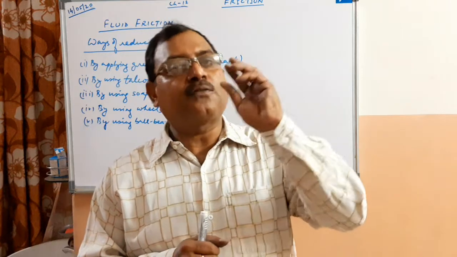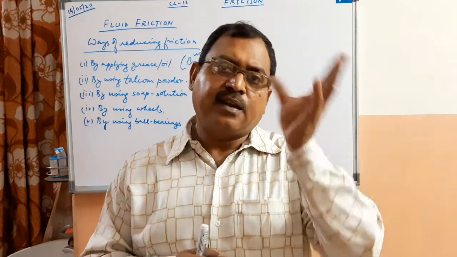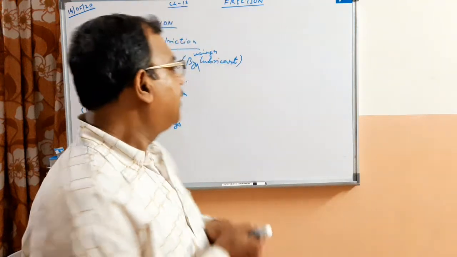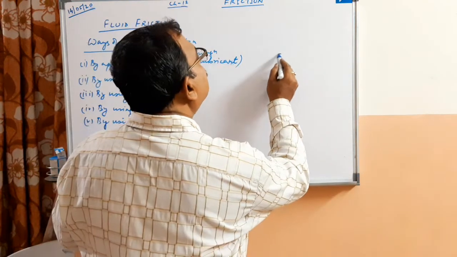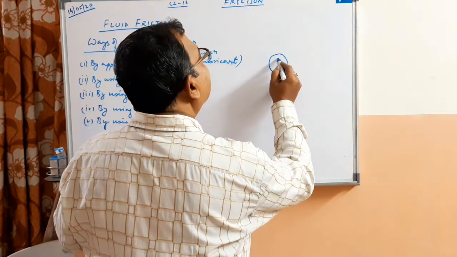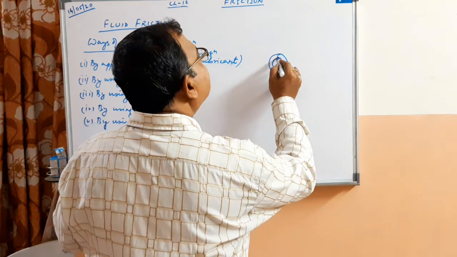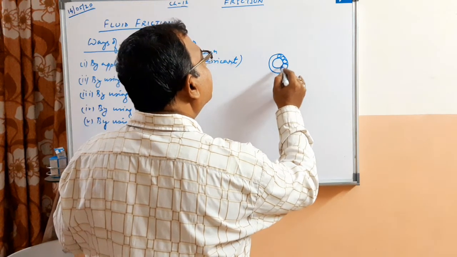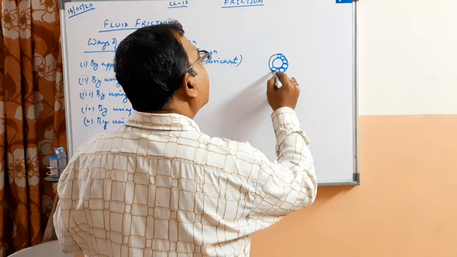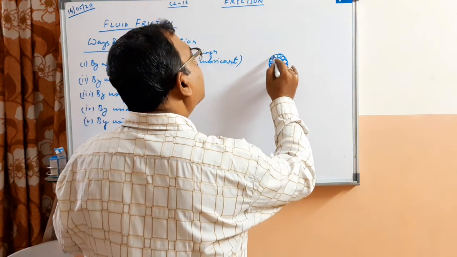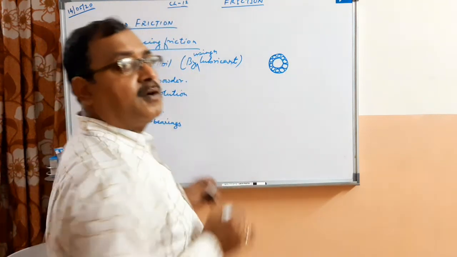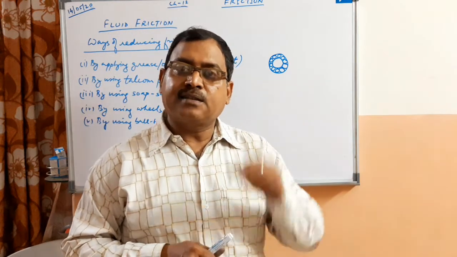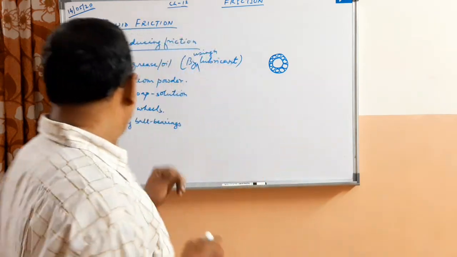Such ball bearings of various shapes and sizes are present in all moving parts. Even inside the fan there is a ball bearing. There we will find that two circular rings are there this way, and inside them balls are there in this way. So these are the ball bearings which are present between moving parts. It helps in reducing friction.